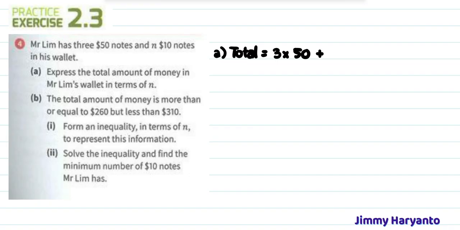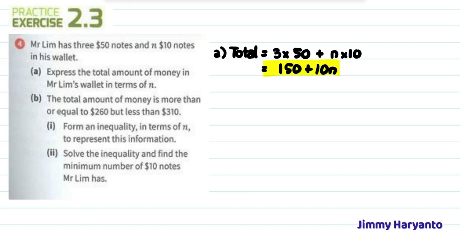He has n notes, that means n times 10. When we simplify this, we will have 150 plus 10n for the total amount of money in Mr. Lim's wallet.